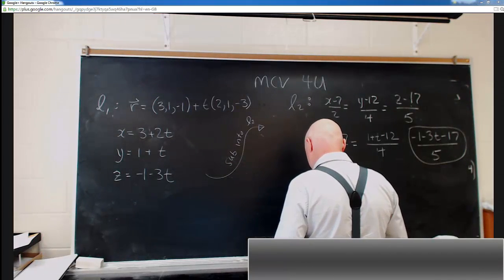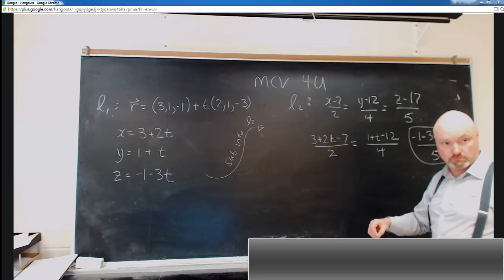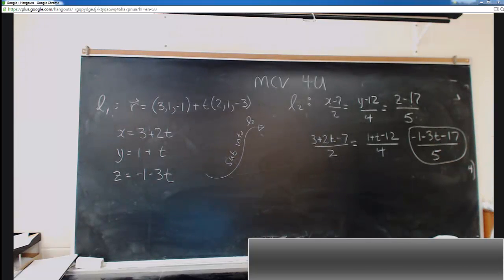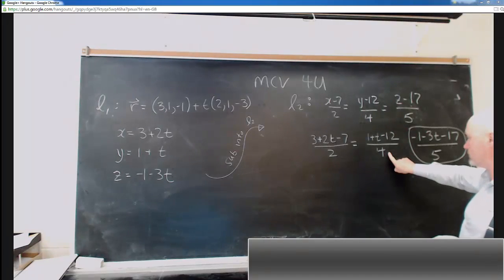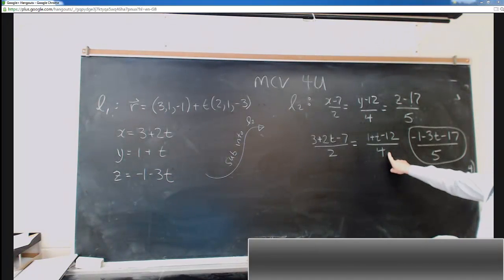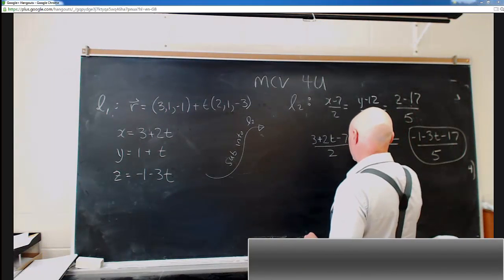Beg your pardon? Multiply each by 4, and then... Or multiply 3 plus 2t by 4, and then the 1 plus 2 by 2. Yes, or I could just multiply. Yeah, I can multiply both sides by 4, and it's going to eliminate everything, right?